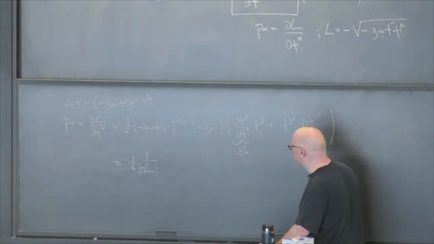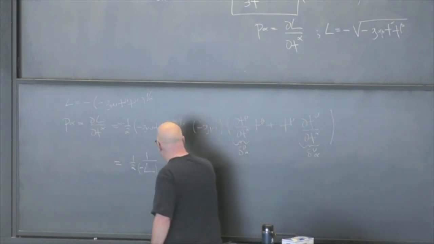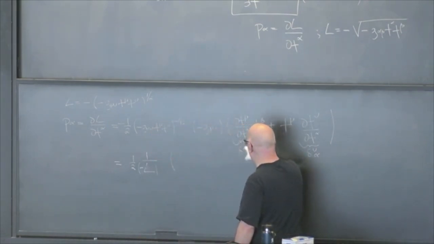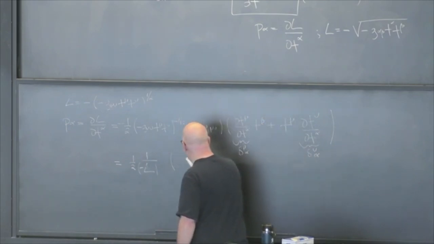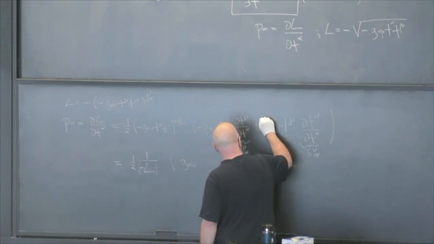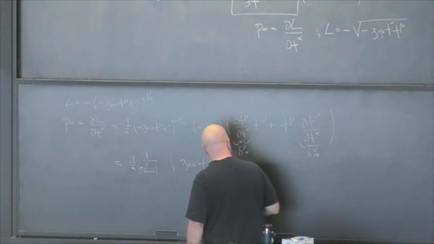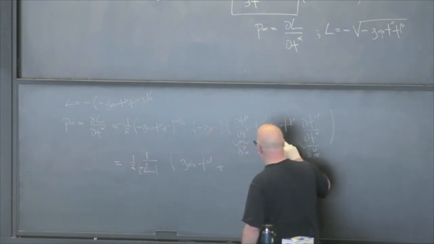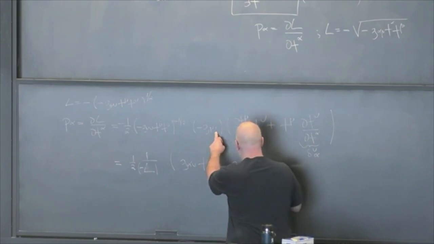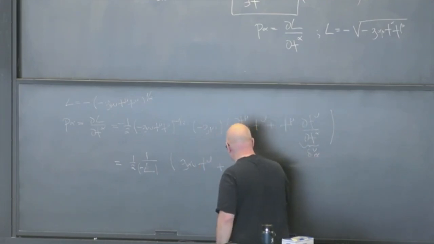I'll write it like this. 1 over minus the Lagrangian. And then I have G mu nu, but I'm going to do the summation over the repeated indices here. So first I kill the minus sign. I'm going to get G alpha nu T nu. And then for the second term, I'm going to get G mu alpha T mu.